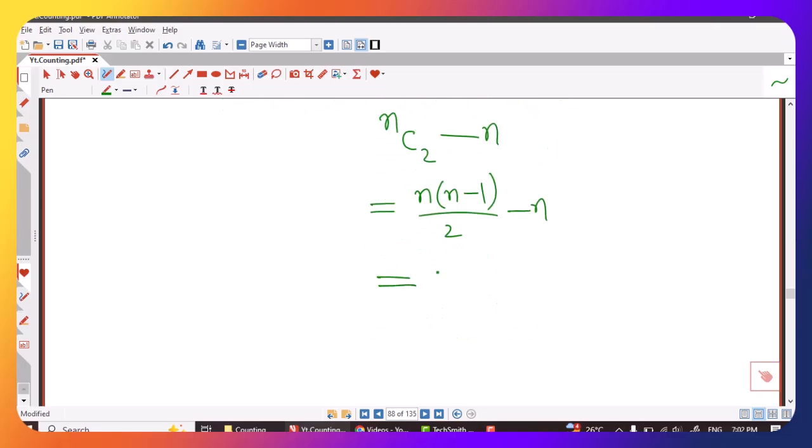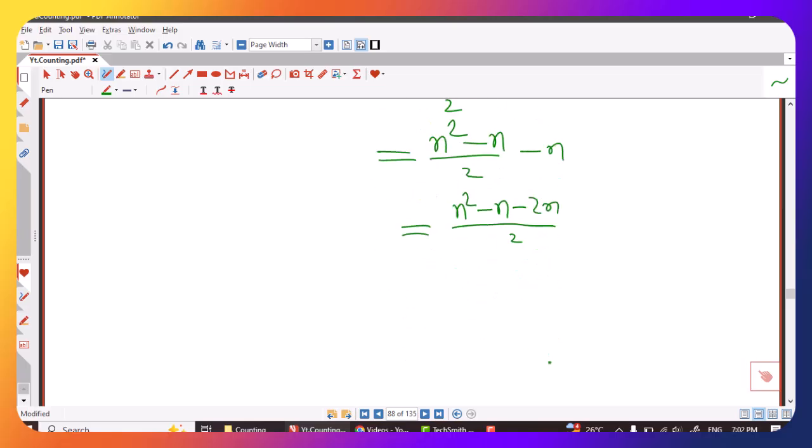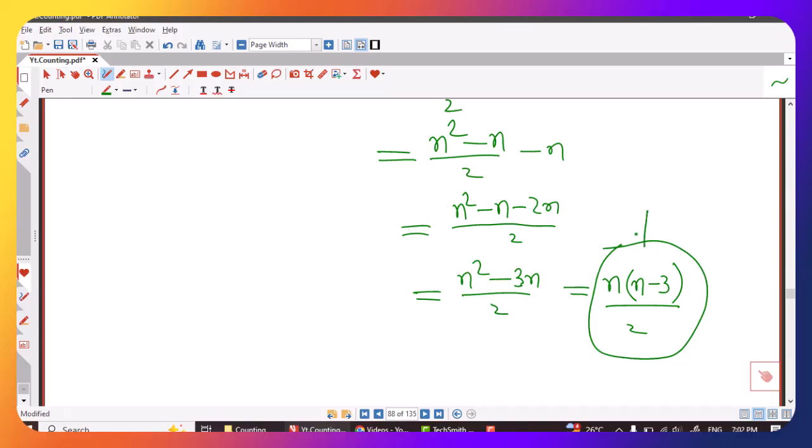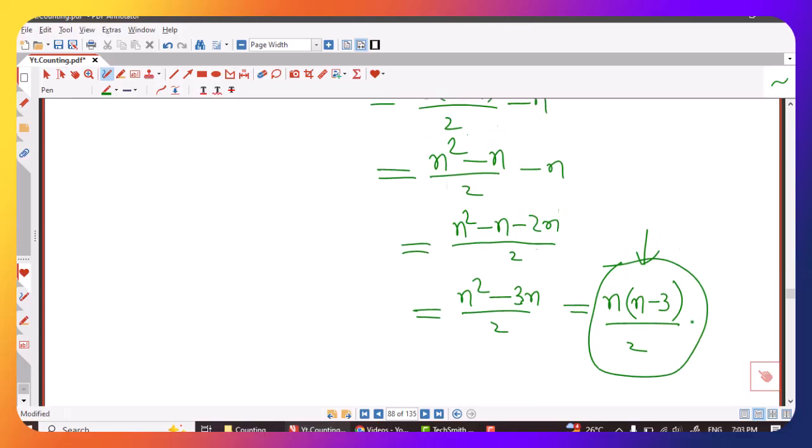This turns out to be n square minus n divided by 2 minus n, which is n square minus n minus 2n divided by 2, that is n square minus 3n divided by 2. Taking n common, we have n into n minus 3 divided by 2. So this is the formula to find the number of diagonals in a polygon with n sides: n into n minus 3 divided by 2.